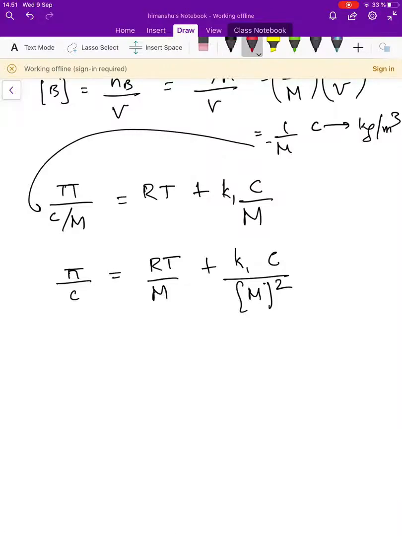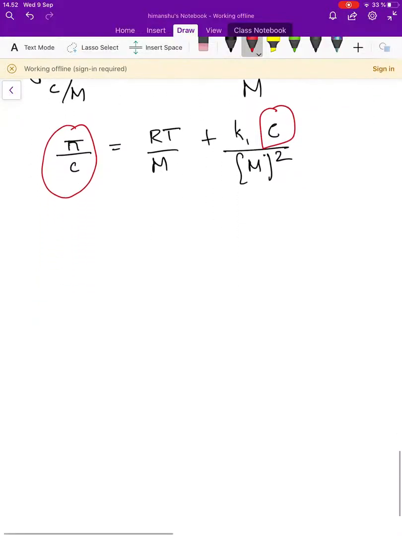So what you can do now is plot the osmotic pressure divided by c versus c. So you need an instrument where you can measure osmotic pressure as a function of concentration. This instrument is called an osmometer, and this osmometer is discussed in your book on pages 127 and 128.